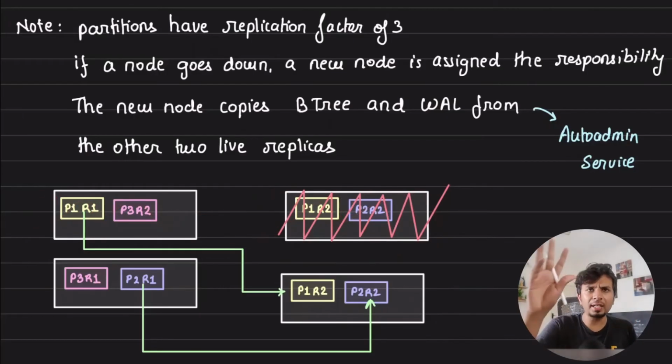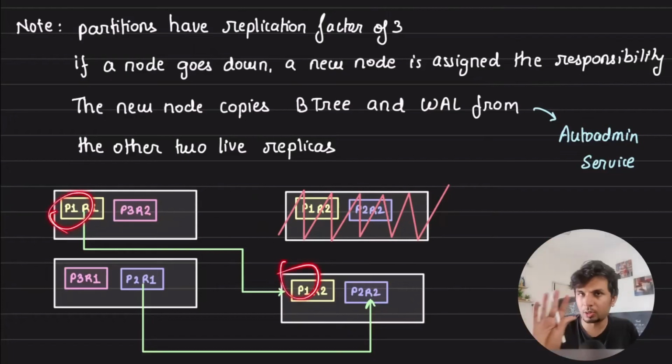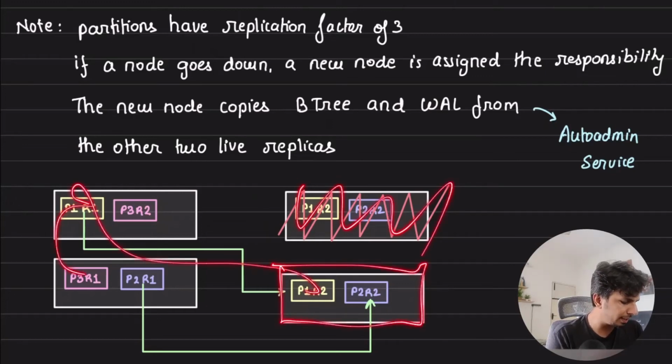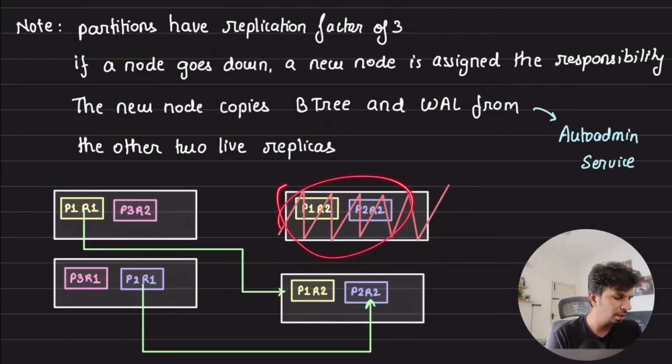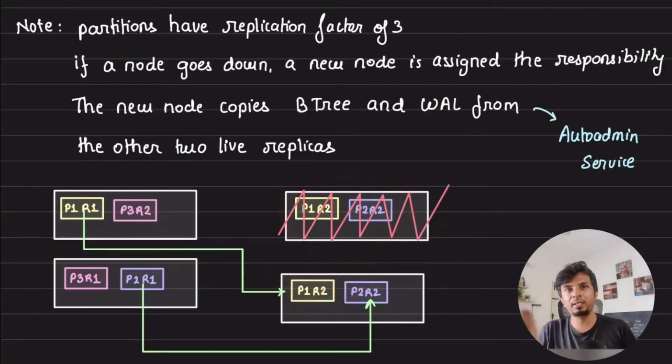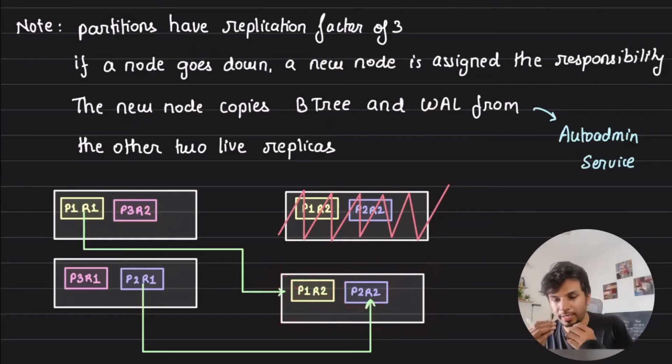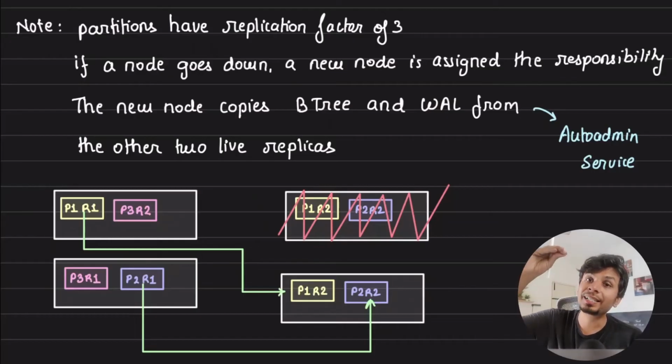So you typically do it with 3. I have taken an example of 2 over here, right? But the idea is that if this node goes down, immediately a new node starts accepting the responsibility of the node that went down, and it immediately starts copying the data. But instead of it immediately being a storage node when it starts up, what it first does is add log replica nodes.